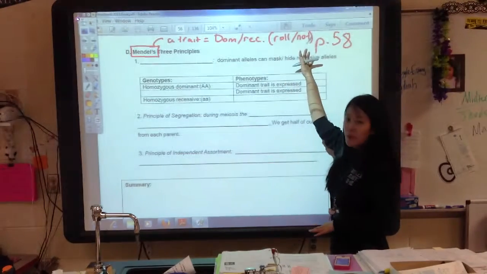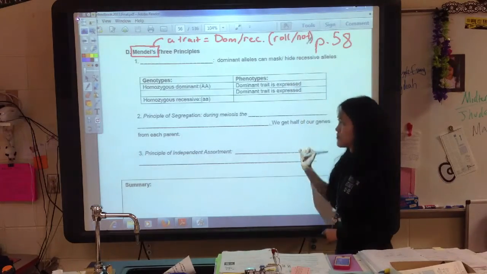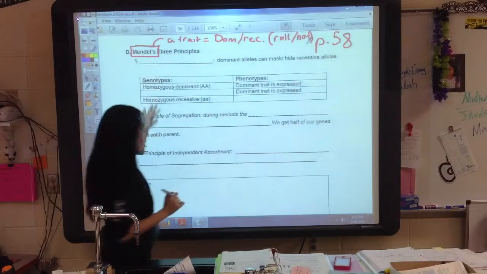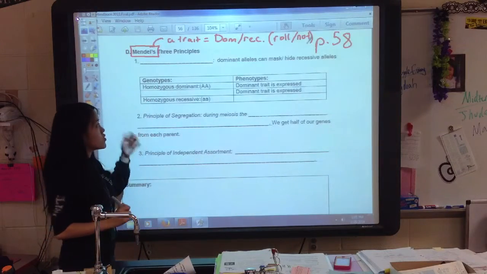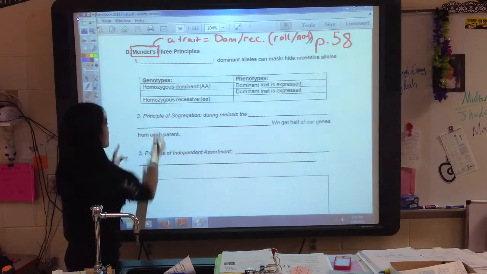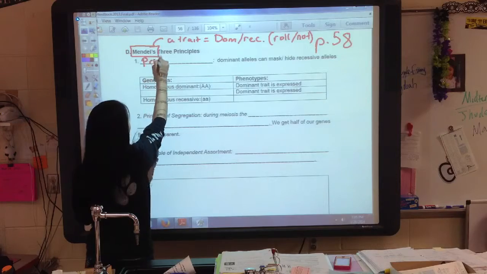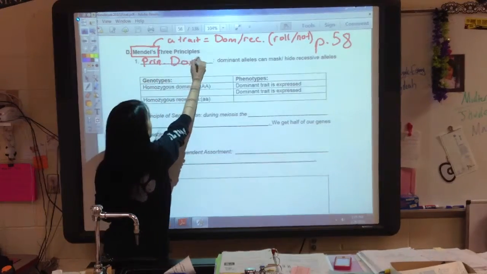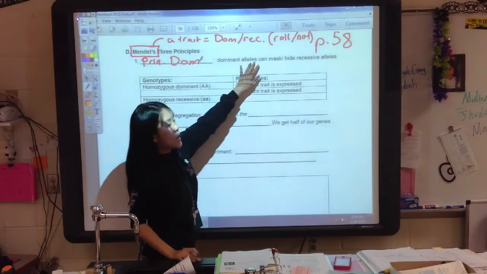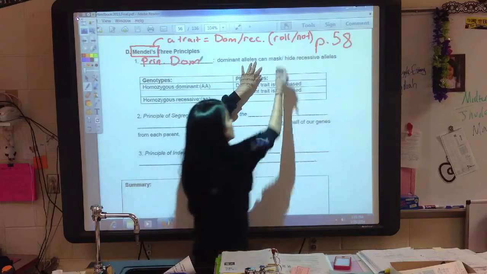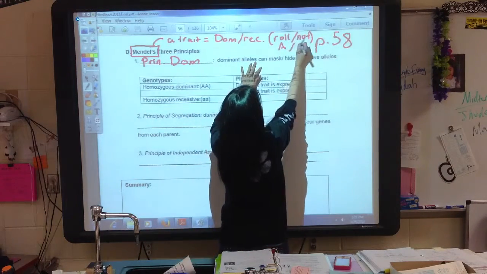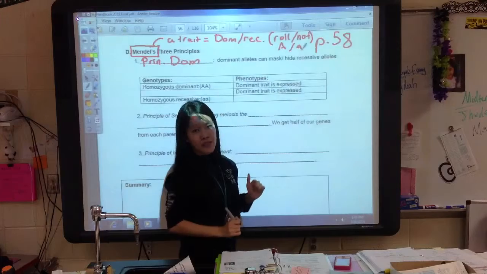Not being able to roll was recessive. Big A can mask or hide the recessive allele.